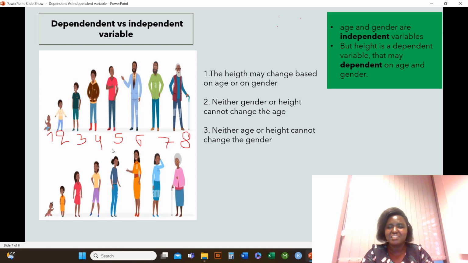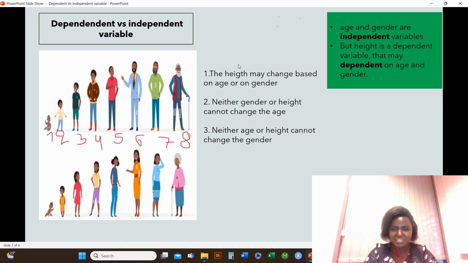The gender does not change based on our height or our age. It never will. So from this scenario, we say that the height is a dependent variable because it may depend on either age or gender. On the other hand, gender and age are independent variables.